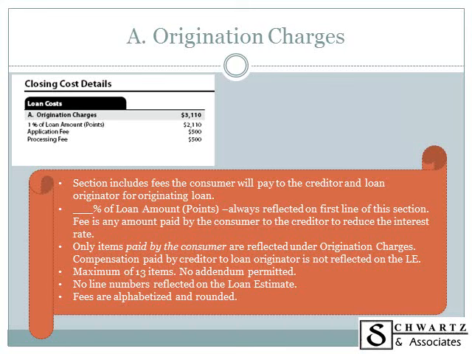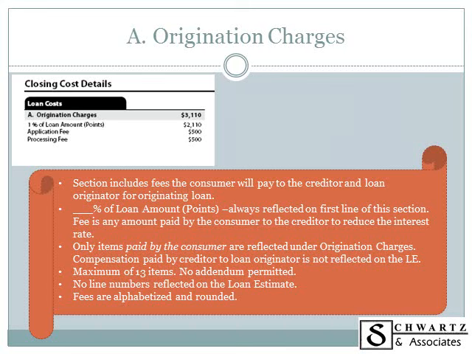Also note that only items paid by the consumer are reflected under origination charges. Compensation that will be paid by the creditor to the loan originator is not reflected on the loan estimate. This section permits a maximum of 13 items to be reflected. If the lender is collecting more than 13 items, disclose line 13 as additional charges and total the amount of all the additional items.